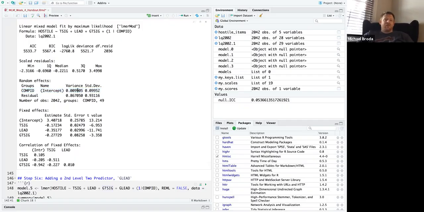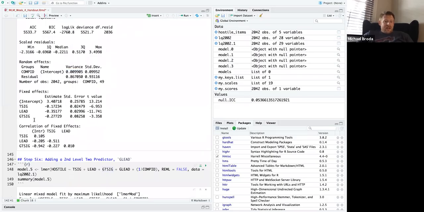It gets really, really small. It's now 0.009 because we've introduced a variable at the company level. And so that variable actually explains quite a bit of variability at the company level as well, which is pretty neat. And sure enough, looking down here, it is significant. And it is equal to minus 0.27.